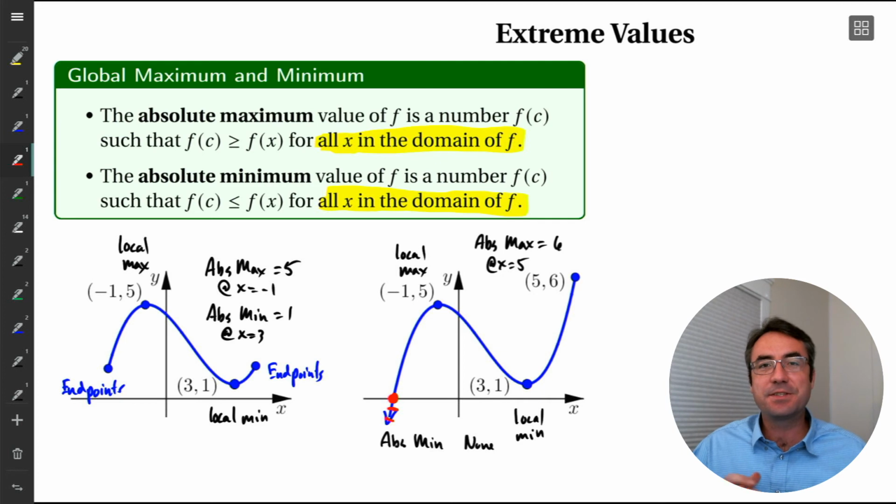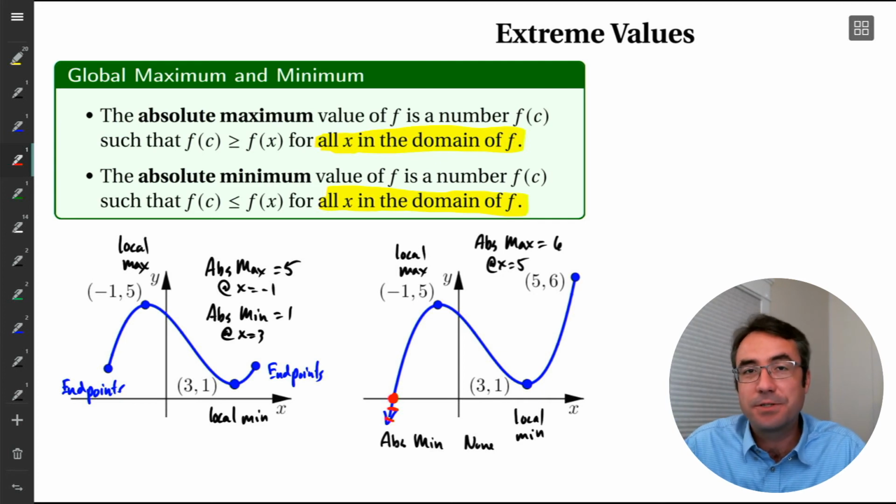So having an absolute highest point or an absolute lowest point is a special property that not every function has. And as we'll see, it depends on the function, but it also depends on the interval we're looking at. We'll see that in another lesson.